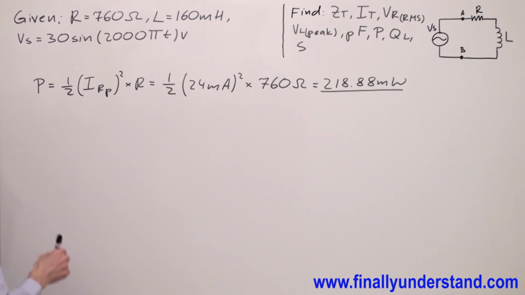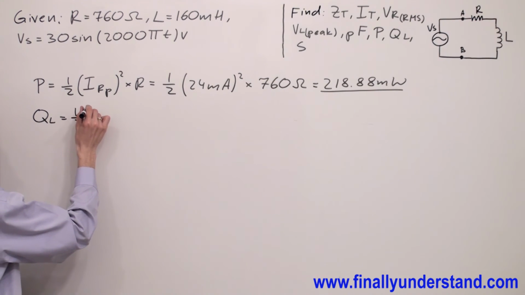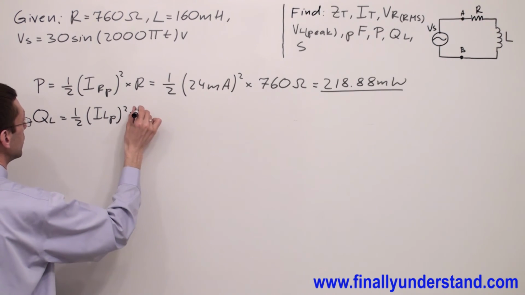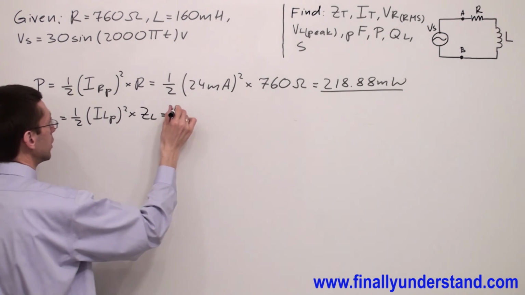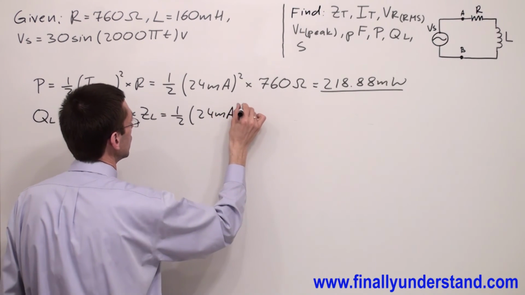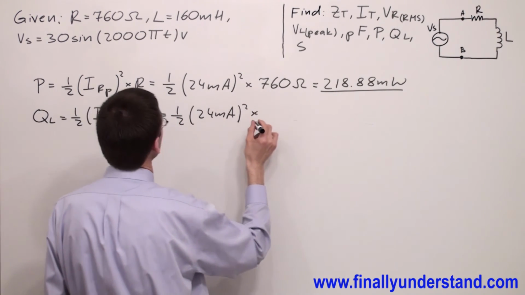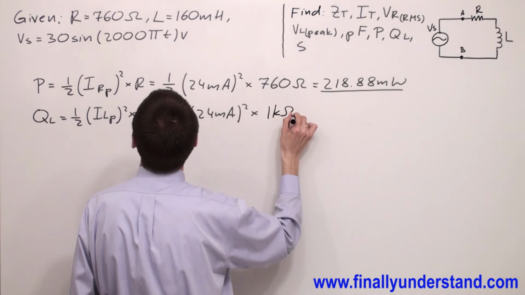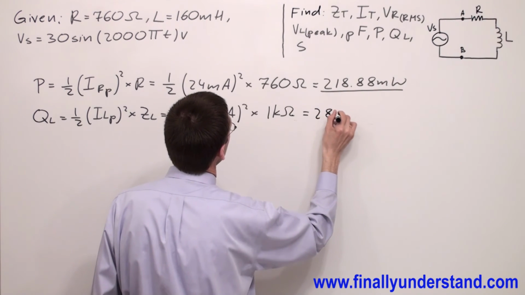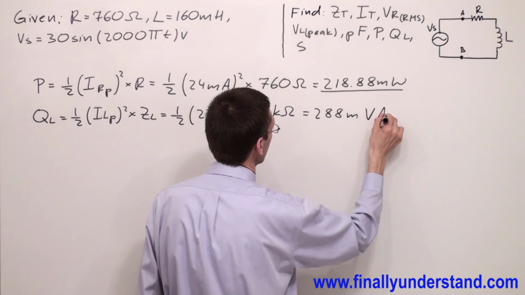Next, I'm supposed to find the reactive power. QL is equal to 1/2 IL peak to the second power times ZL, which is equal to 1/2 times 24 milliamps, the second power, times ZL, which is equal to 1 kilo ohm, and this is equal to 288 millivolt ampere reactive.